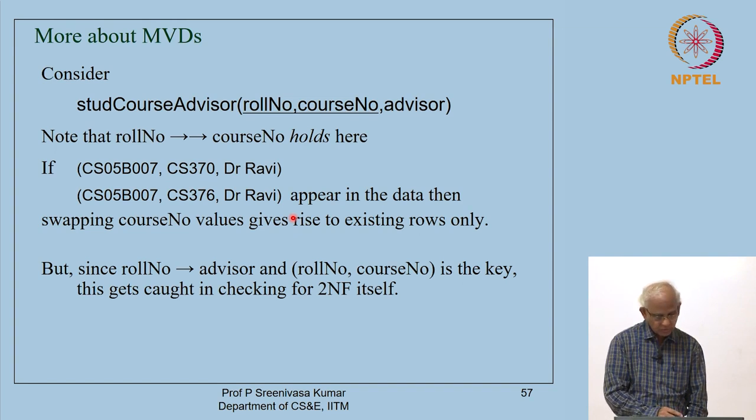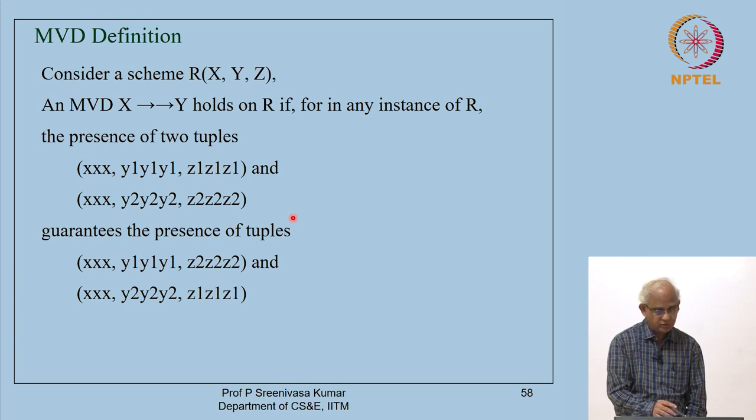Okay. So, here is a formal definition for multi-valued dependencies. Consider the relation scheme R(X, Y, Z).